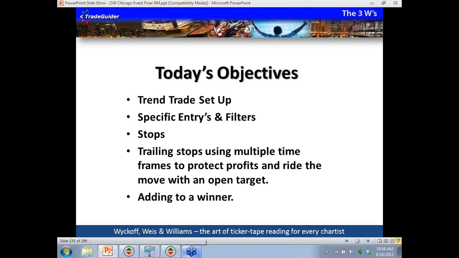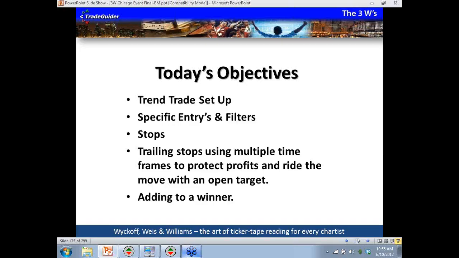I'm going to show you some trend trade setups, where we'll have to see specific things in the background to make that happen. There will be specific entries, filters and stops, utilizing the Trade Guider system. We'll be utilizing trailing stops, using multiple time frames to protect the profit and move it along with an open target.